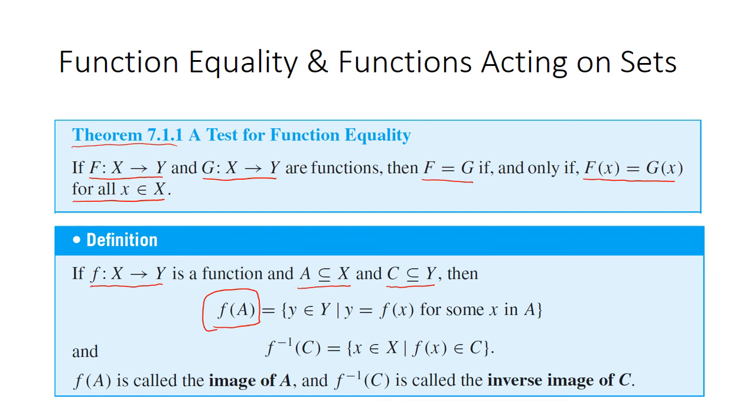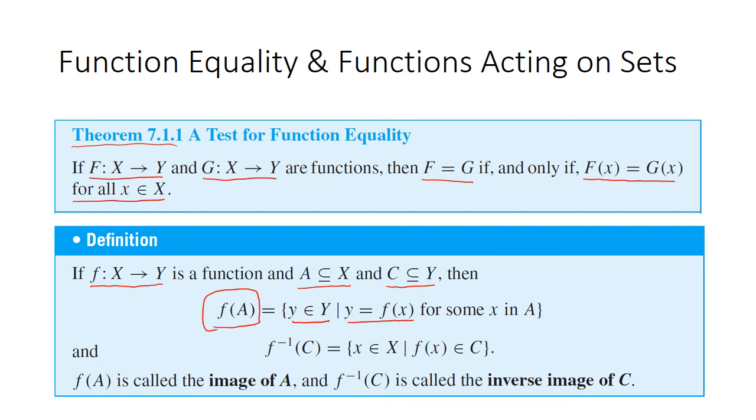So basically it's like plugging in more than one element at once. And then what you're going to get out from that is all the outputs that would have come from all of the elements in that subset that you plugged in. Okay? So we'll look at some examples of what that looks like in a second.